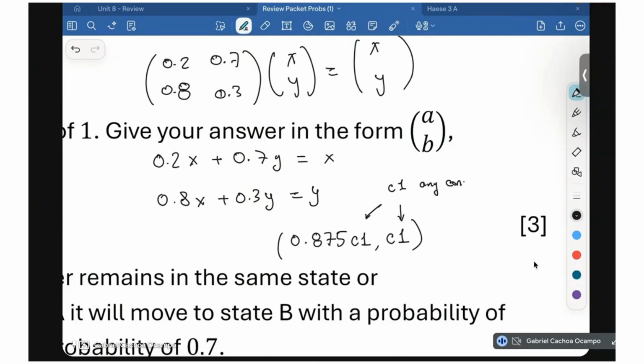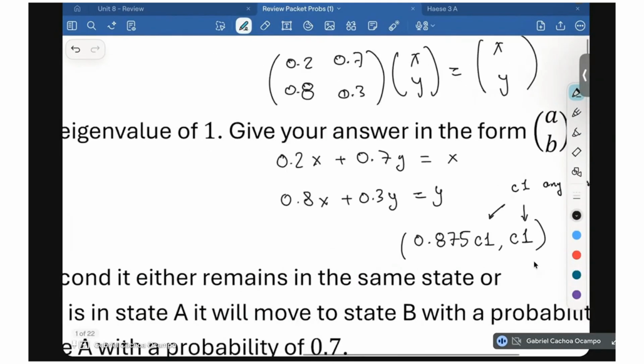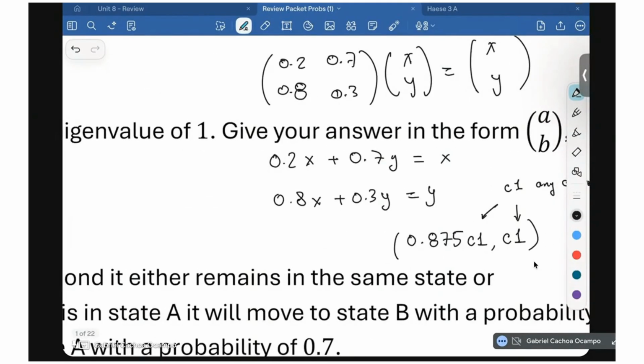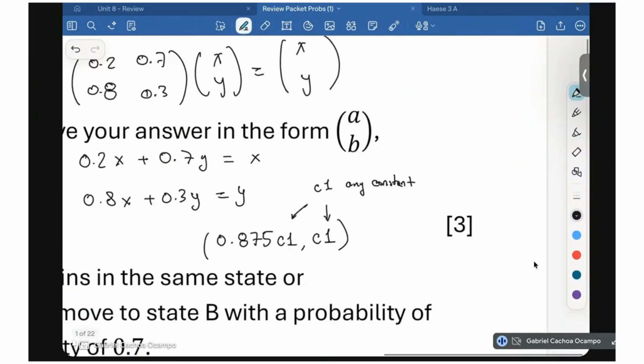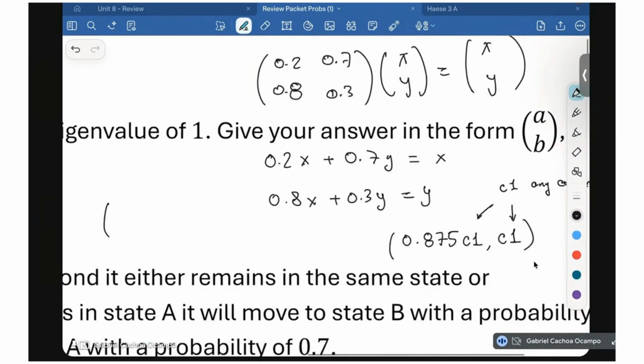The calculator gives me C1 or C2 or C67 because it is counting how many times I have done this. So usually we set C1 equals 1, so my answer would be (0.875, 1).